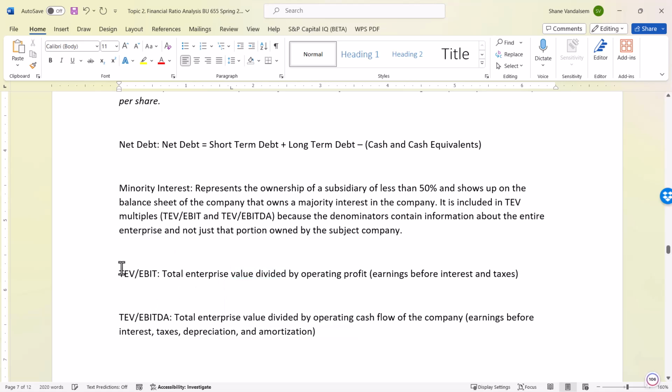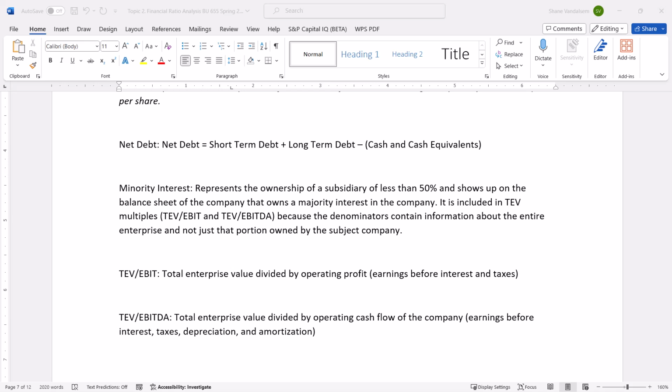First of all, these are nice to compare between firms, especially if those firms have very different capital structures, because it takes in the total value of the firm, the total enterprise value, which is going to be the debt plus the equity of the firm. We divide it by something like EBIT or EBITDA because it is a way to compare the overall value of the company based on a unit of value that the company produces.